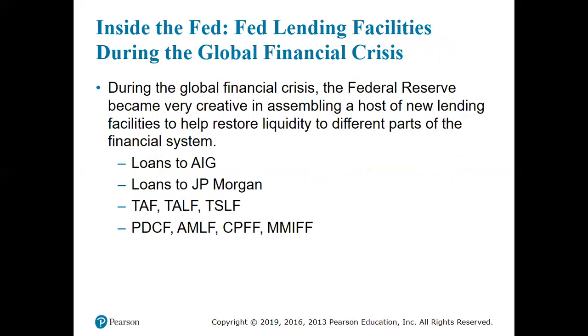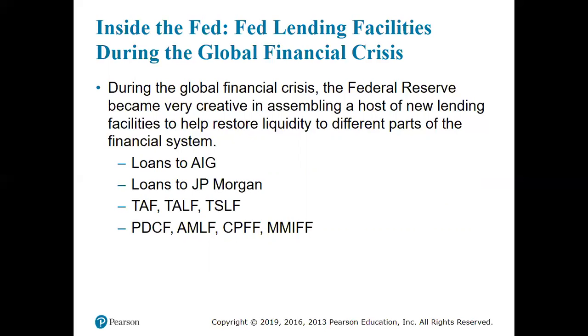Now, when you talk about the Federal Reserve and a number of the things that they did in terms of new lending facilities, there is a page in the text that outlines all the various new lending facilities that they came out with. We talked in the past when we dealt with the chapter on financial crises and talked about some of the things that happened in 2008.